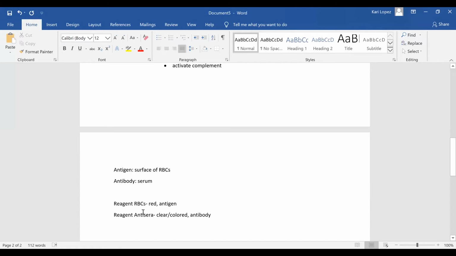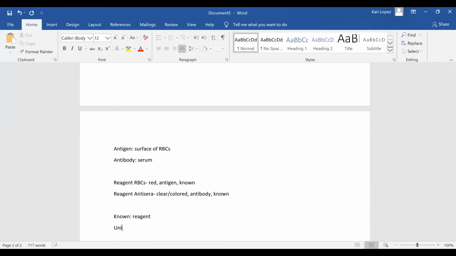And now I want to point out that whenever we're talking about reagent, this is going to be a known amount of substance, whether it's a known antigen or a known antibody. Anything reagent will be known, and anything patient or donor will be unknown. So known is going to be reagent, and unknown is going to be your patient or donor sample.